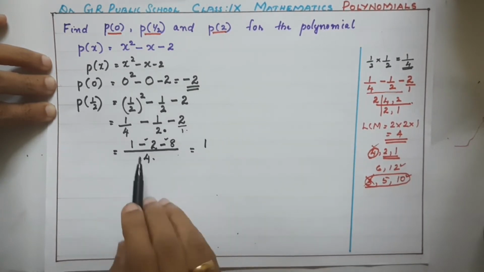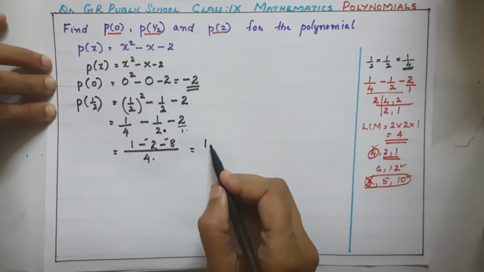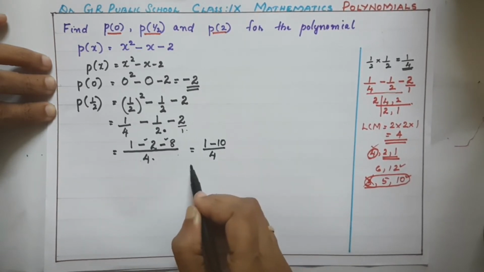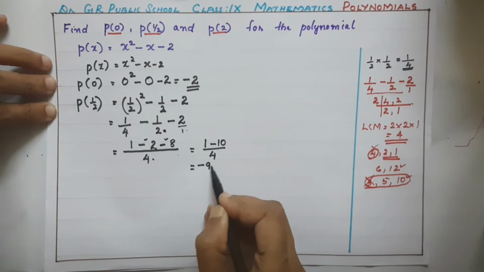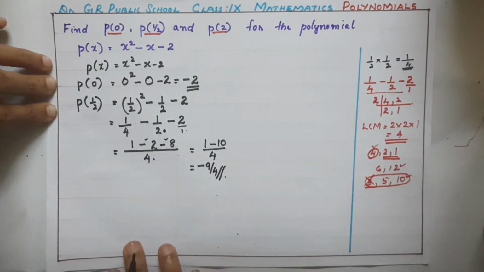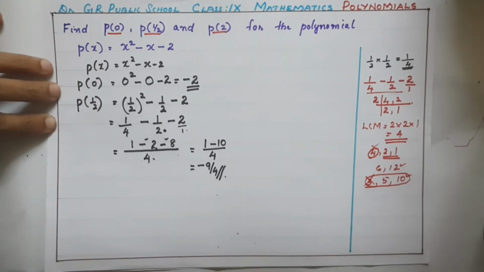So 1, what is minus 2 minus 8? Add and put that common sign. So minus 10 by 4. So what is it? It is minus 9 by 4. Okay children. So P of 1 by 2 we got as minus 9 by 4.